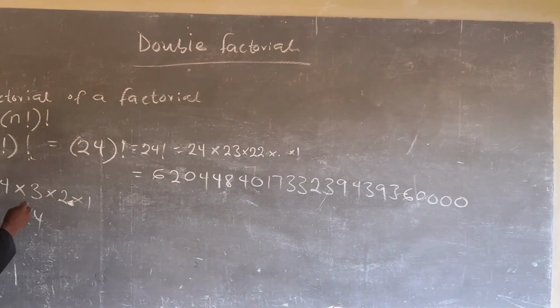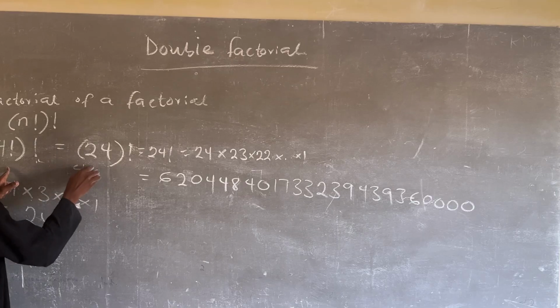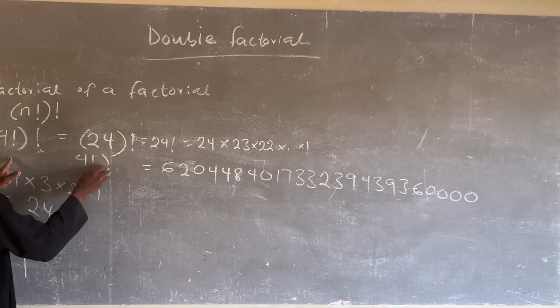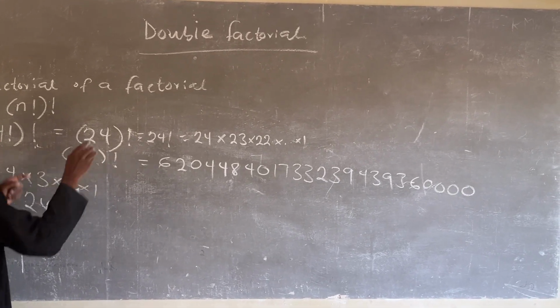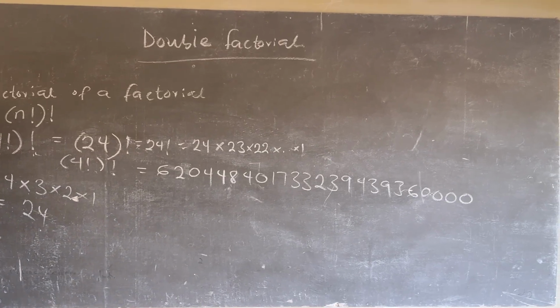So this is simply 4 factorial of a factorial.